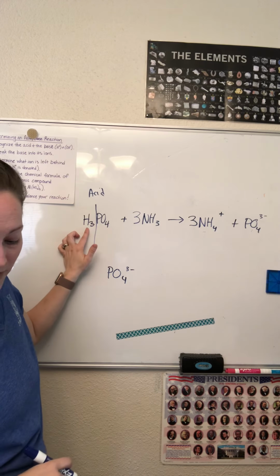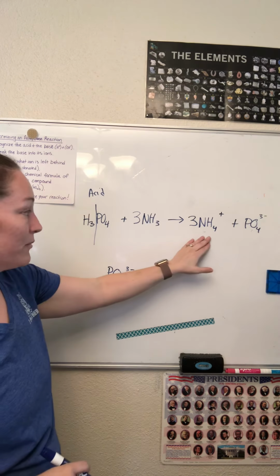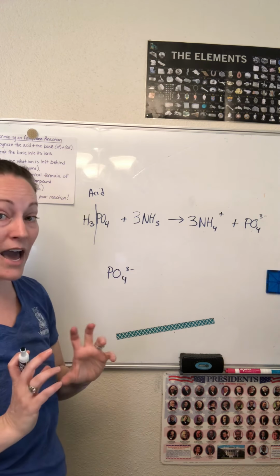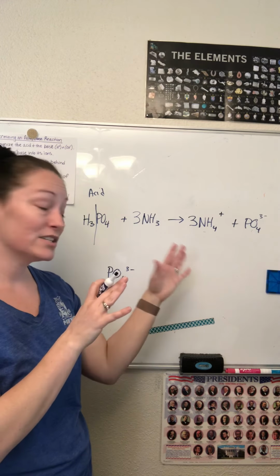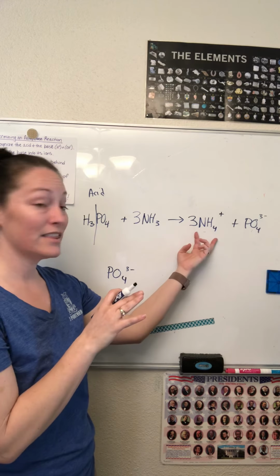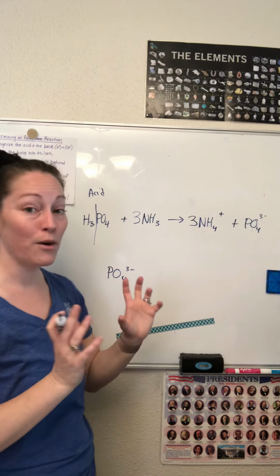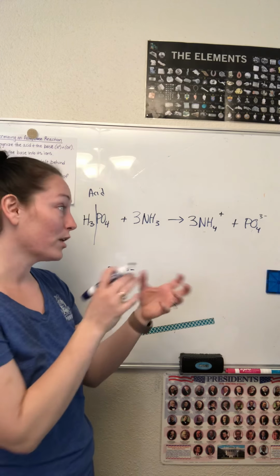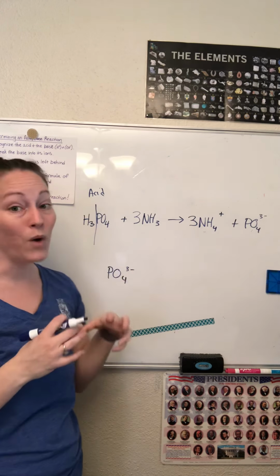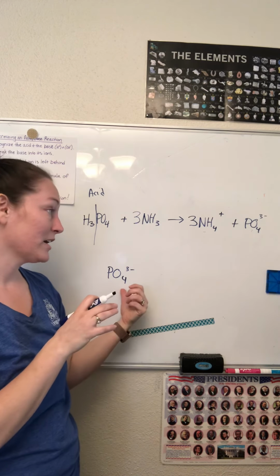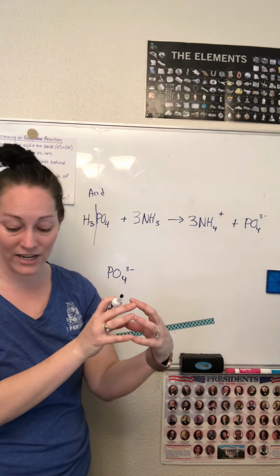Okay? So if I take a look at that, that's how we get the plus, because it had more than just the 1 plus to neutralize it. So this is not neutralized anymore. You can see that they actually have charges. This has more pluses, more of those electrons, and the PO4 is left how it was in its original state as a polyatomic ion with that 3 negative on it.